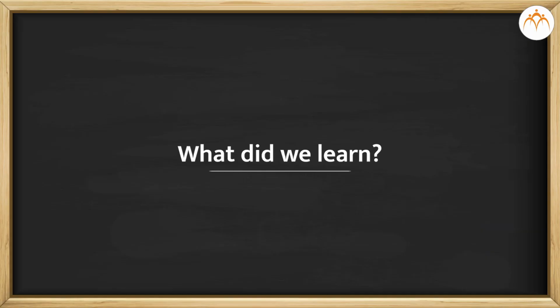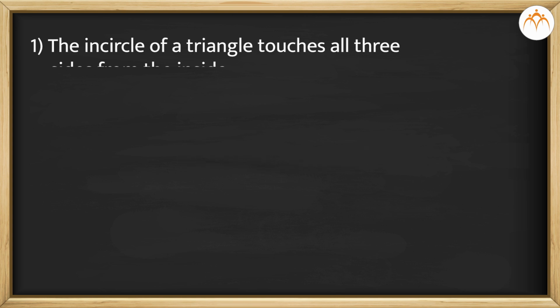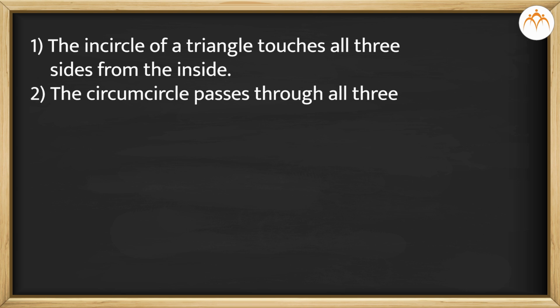Children, with the help of these methods, practice to draw incircle and circumcircle for different types of triangles. What did we learn? The incircle of a triangle touches all three sides from the inside. The circumcircle passes through all three vertices of the triangle.